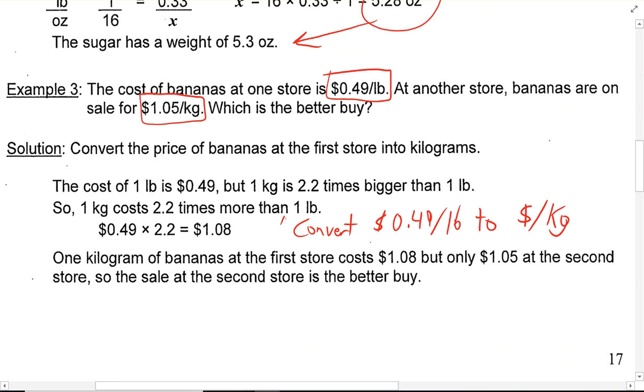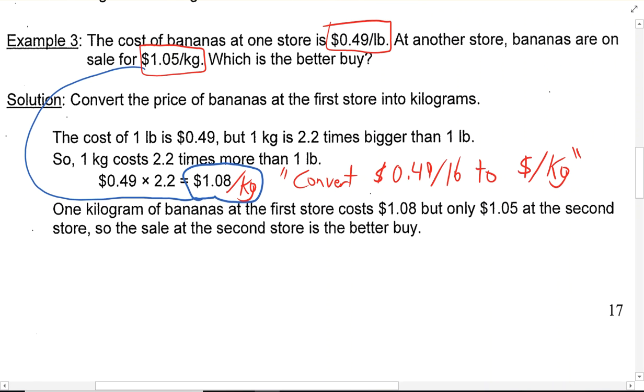And if you press that, then it'll convert and you'll round to $1.08. And now that is per kg. So you can see it is a little bit more expensive because we're comparing $1.05 to $1.08. And $1.08 is more. Okay, so then you can compare which one's the better deal.